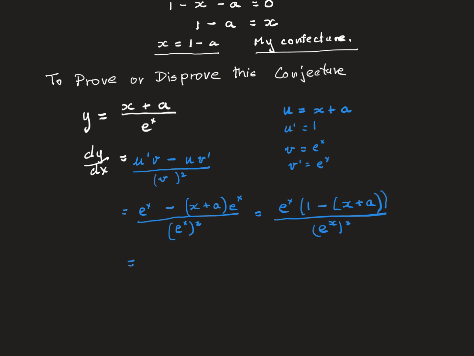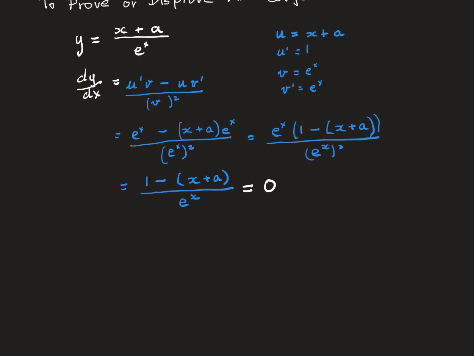And we end up with just having 1 minus x plus a over e^x, and we must make this equal to 0 if we want to make it stationary, and therefore we do have 1 minus x plus a is equal to 0, so 1 minus x minus a is equal to 0, and like before, x is equal to 1 minus a.